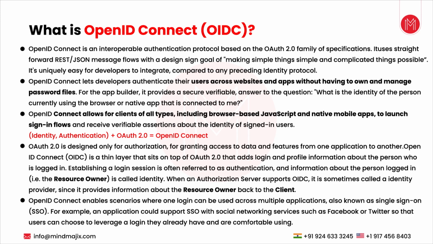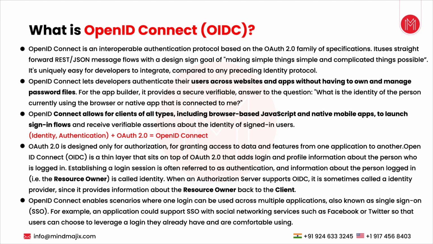So basically, identity authentication plus OAuth 2.0 is equivalent to OIDC. You have OAuth 2.0, and if you add a layer of identifying and authenticating the user, that becomes your OIDC. That's the main difference between OIDC and OAuth 2.0. OIDC can also authorize, but its primary purpose is to give you authentication.